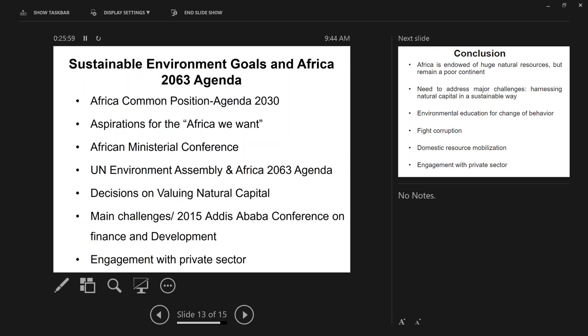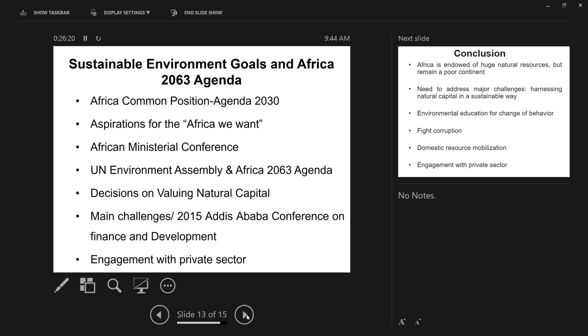Africa also clearly highlighted the commitment on valuing the natural capital, which mostly includes addressing environmental sustainability.